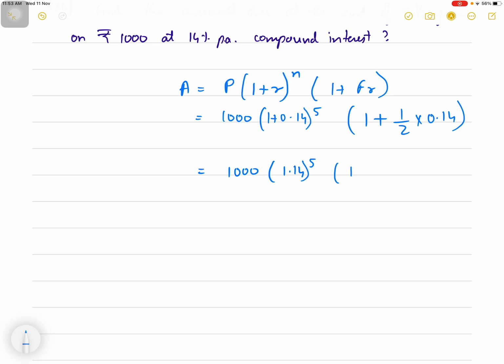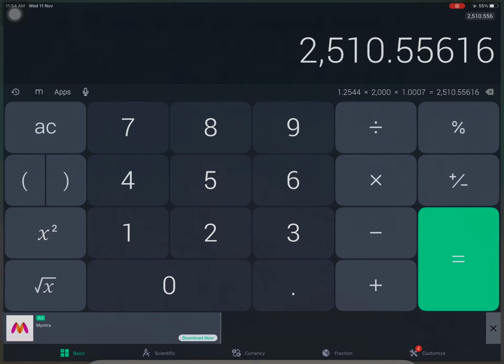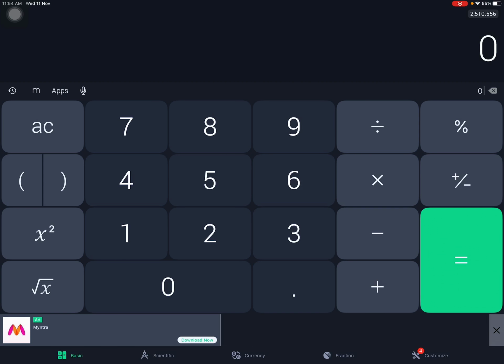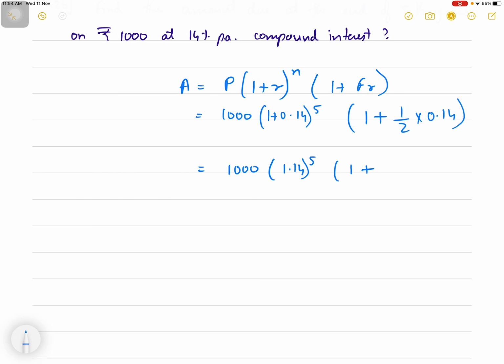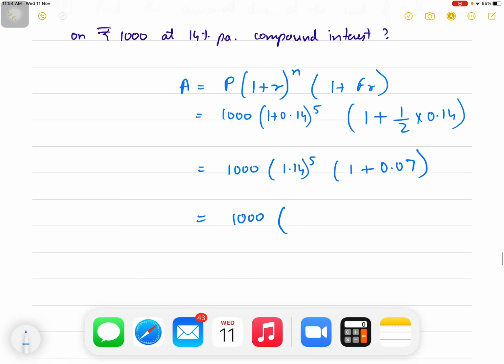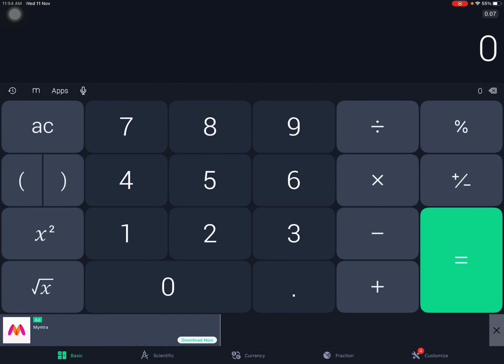So 1000 multiplied by 1.14 raised to 5. So 1 plus 0.14 divided by 2, that is 0.07. So 1000 multiplied by 1.14 raised to 5.